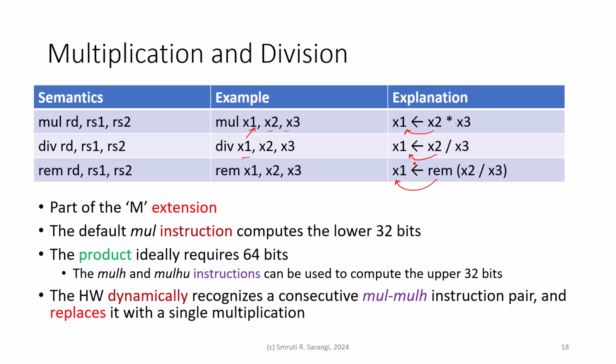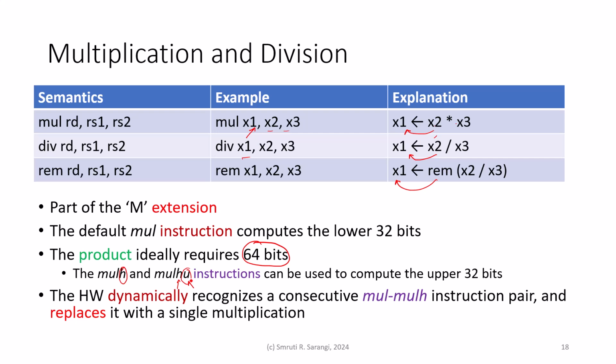So multiplication is kind of special because if you are multiplying two 32-bit quantities, the product would need 64 bits to store. So that is why there are two variants of it, mul-h and mul-hu. H is for high, the upper bits, and U is for unsigned in case we are doing unsigned multiplication.